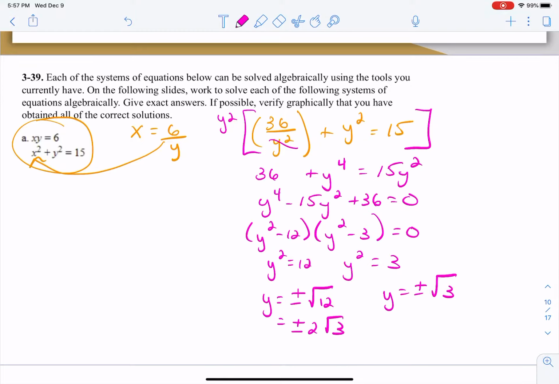So I'm going to have lots of solutions to this problem, because I need to plug positive 2 square root of 3 in for y, negative 2 square root of 3 in for y, positive square root of 3 in for y and negative square root of 3 in for y.